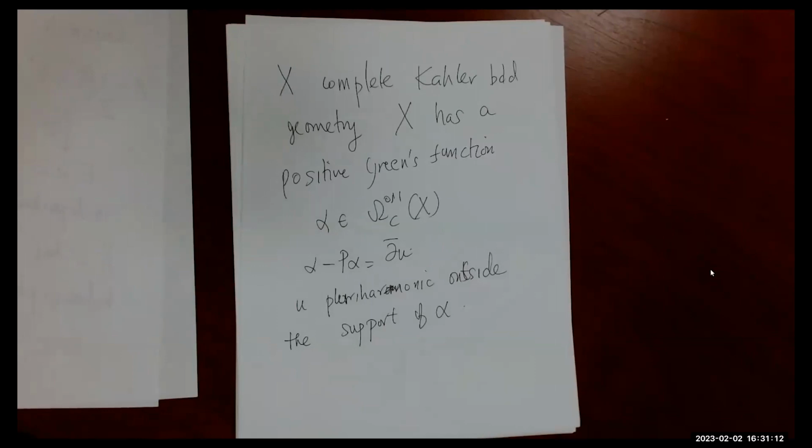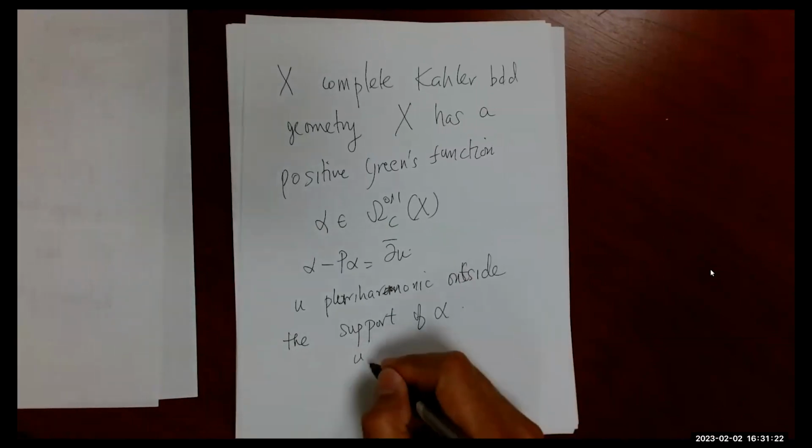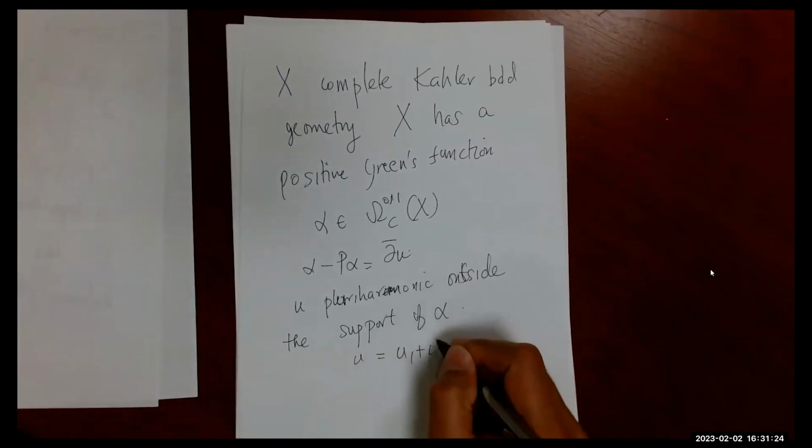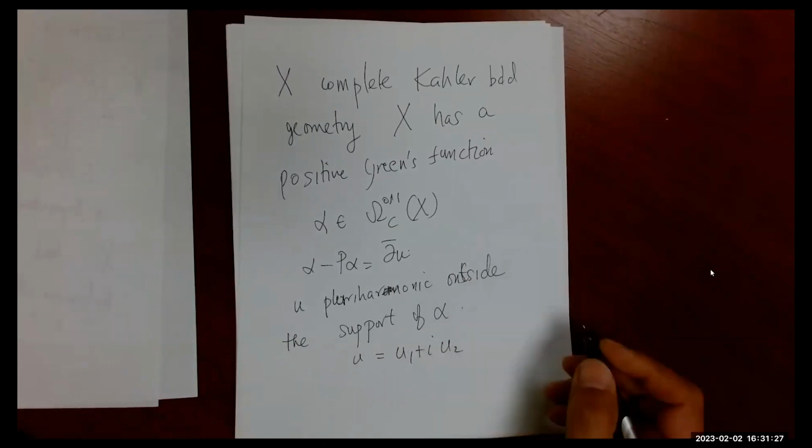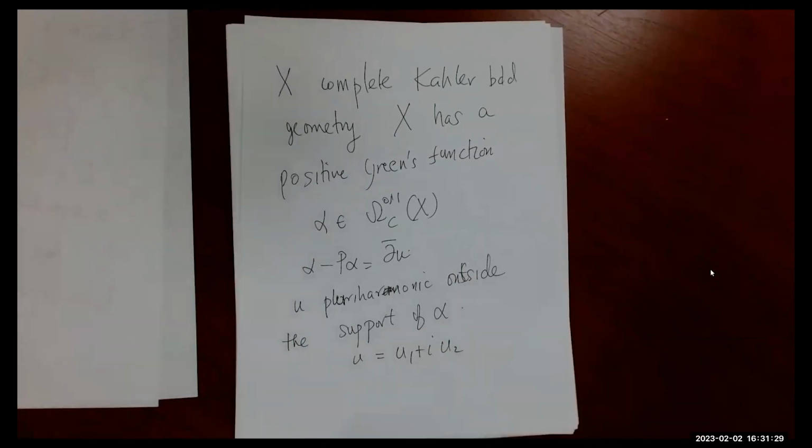So what you might try is the following. U could be complex valued, so U could be of the form U1 plus i U2, let us say. So it's pluriharmonic, but U1 is real and U2 is real.